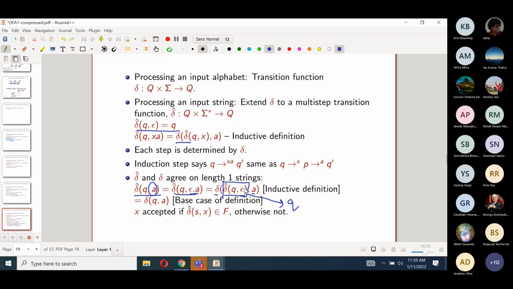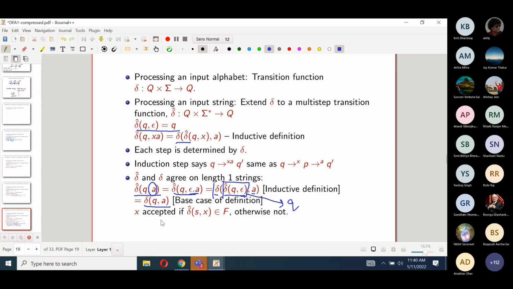If I don't have any input symbol, then I'm going to stay in the same state. So delta hat Q epsilon is going to be Q, and this entire expression reads as delta QA. So delta hat QA can be shown to be equal to delta QA, meaning delta hat and delta agree on length 1 strings.